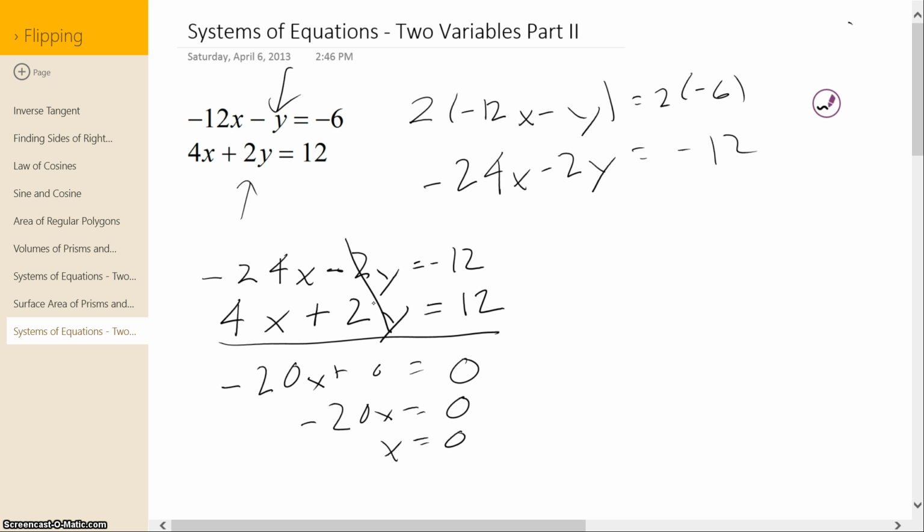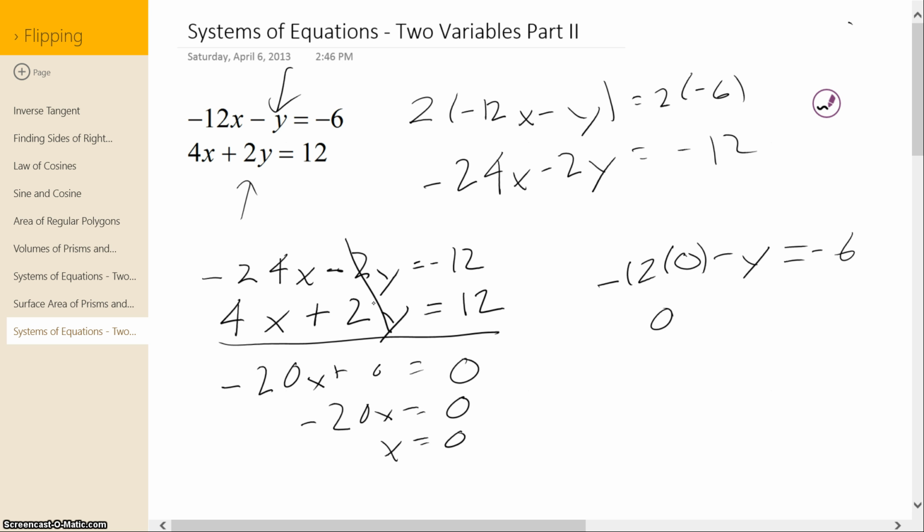I can go back into one of the equations up here and plug in for x. So let's go back to that first one. Negative 12 times 0 minus y equals negative 6.